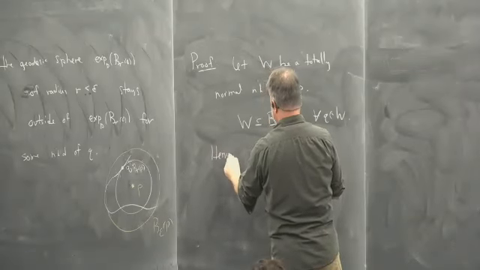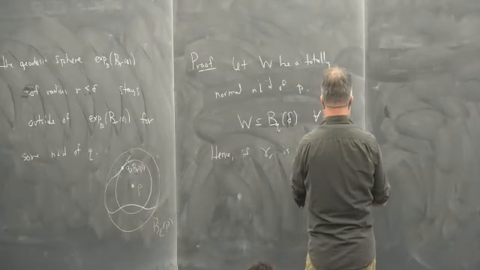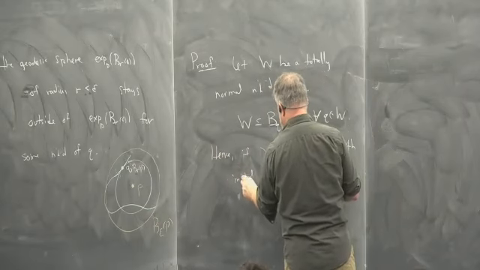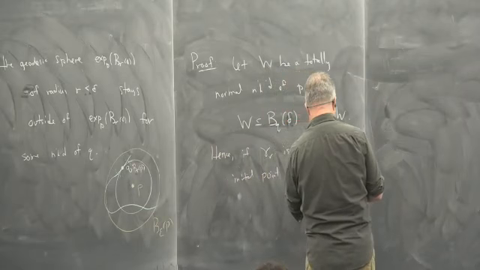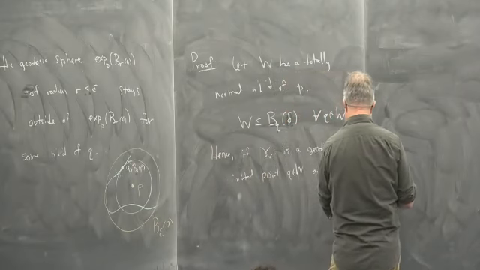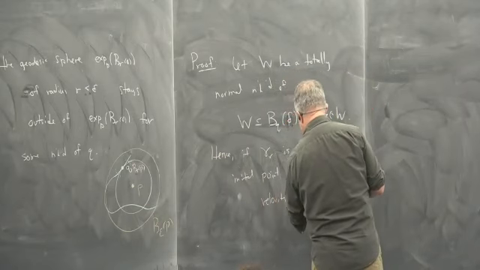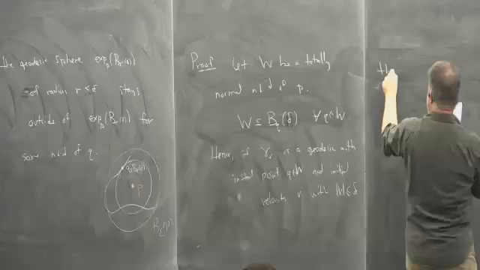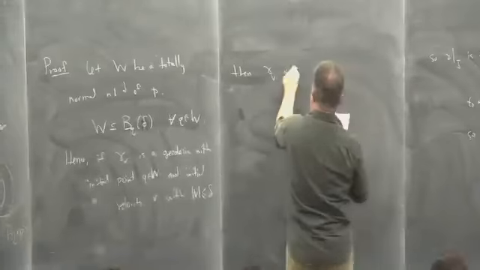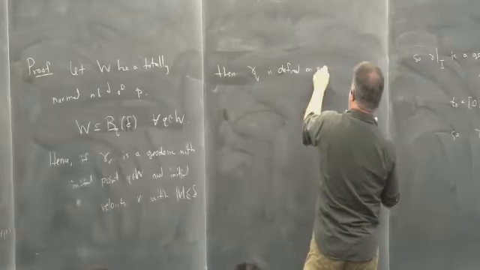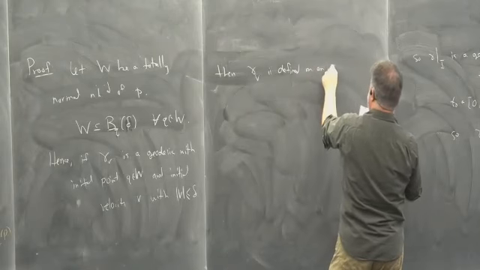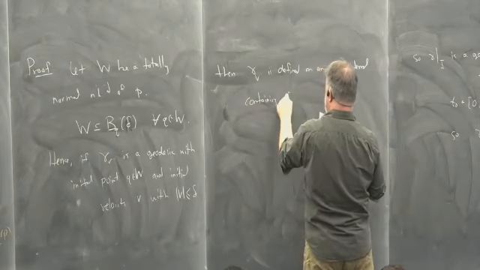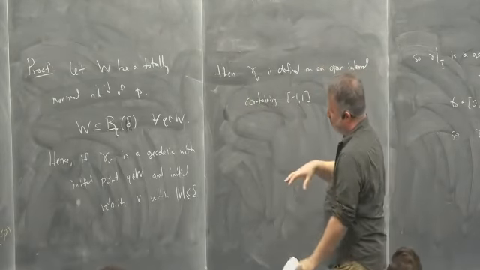Hence, if gamma V is a geodesic with initial point Q and initial velocity V with the length of V less than or equal to delta, then gamma V is defined on an open interval containing [-1,1].